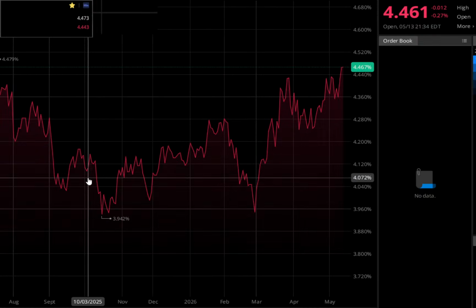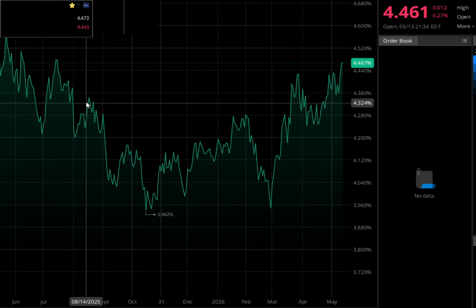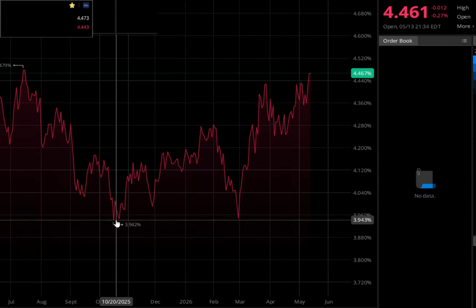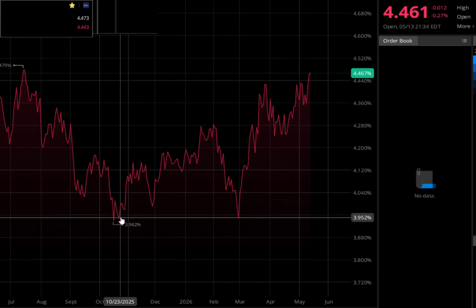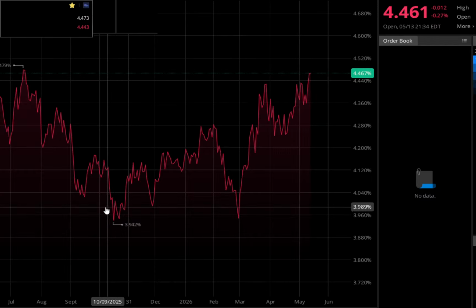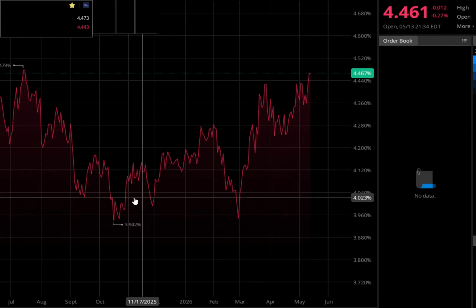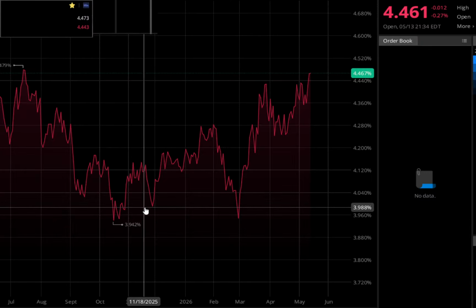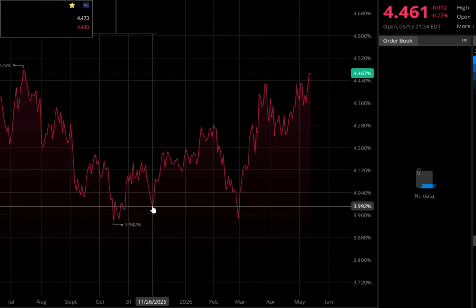From that November low, and this starts correlating in an inverse way to the market, we could expect that there was going to be a market low within the next 3 to 6 months. From this November low, we can expect that very likely over the next 3 to 6 months, we would see a new low within the yields.